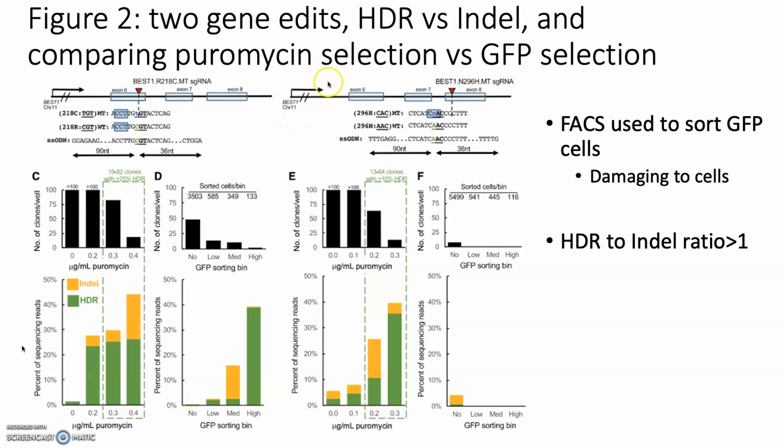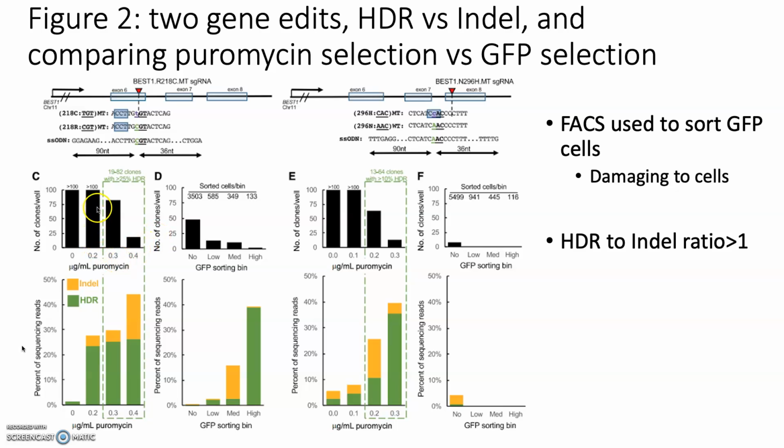In terms of the selection effects, in both cases they observed that with increased puromycin, the number of colonies decreased, which is expected because not all cells are going to be resistant or take up the plasmid.